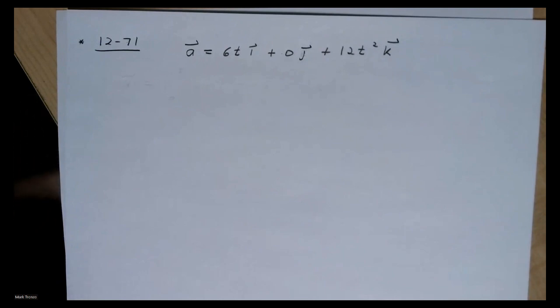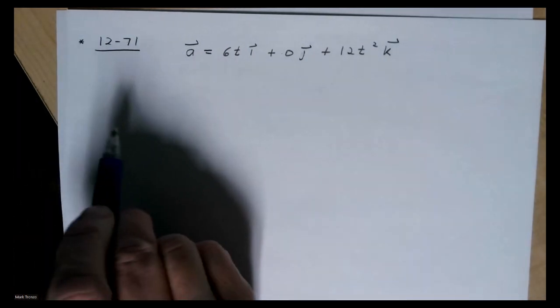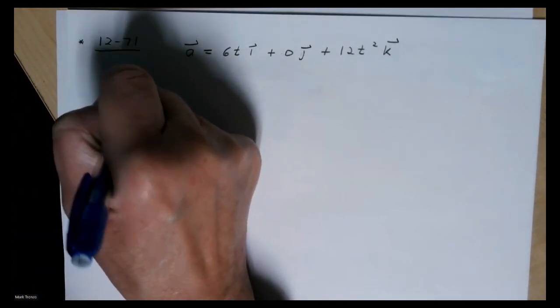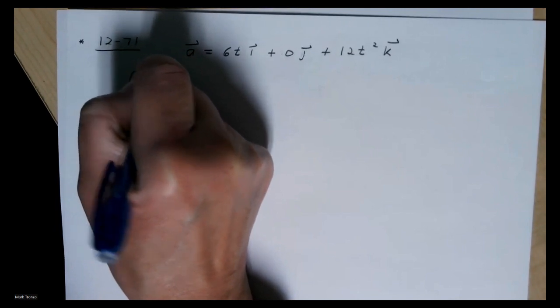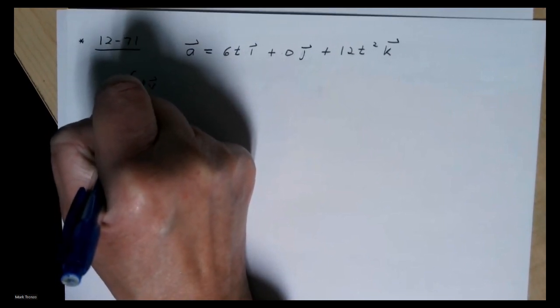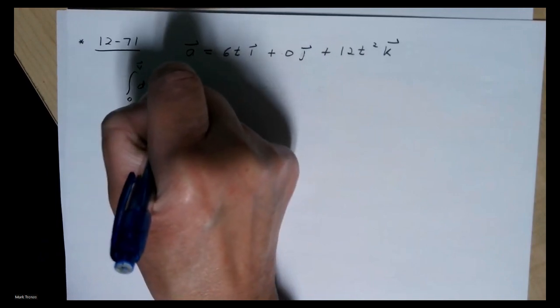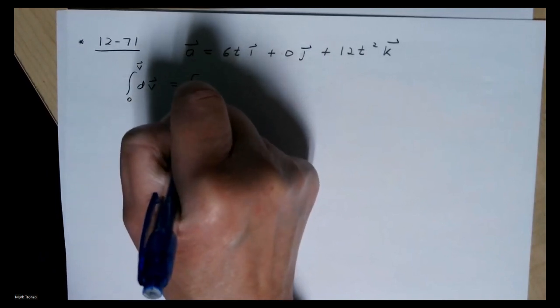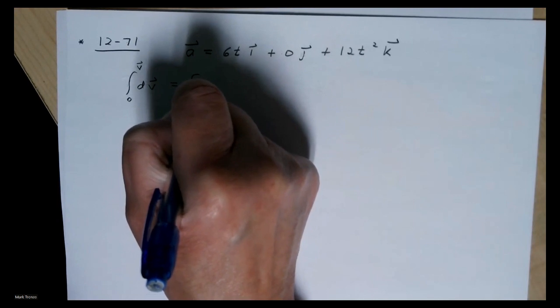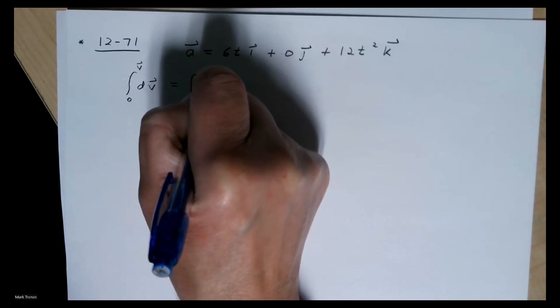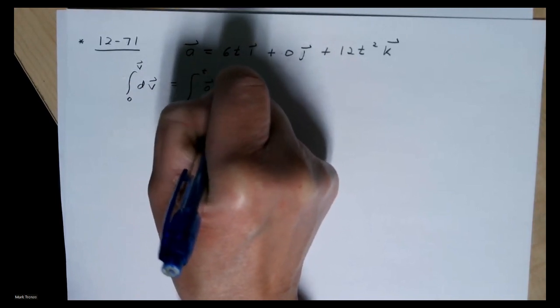So we're given the acceleration, and since we're starting at time 0, and the velocity is 0, we don't really have to mess too much with the bounds. In other words, we're going to have dv from 0 to v, and over here we'll have time 0 to time t of our acceleration.